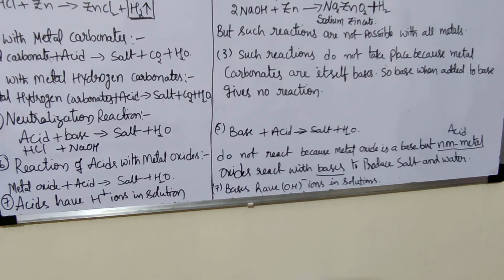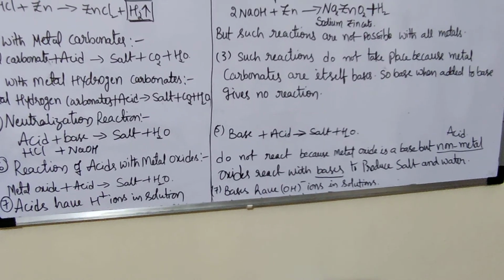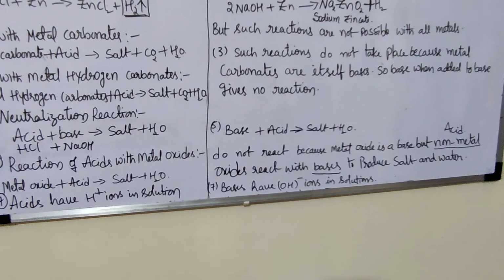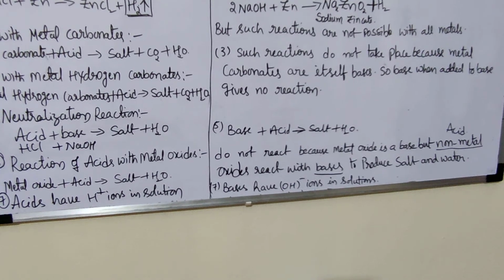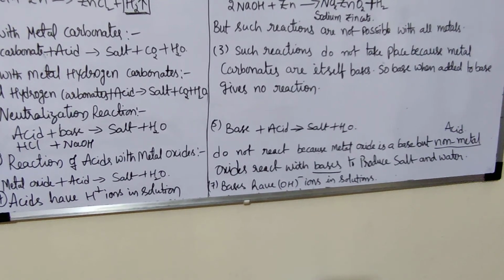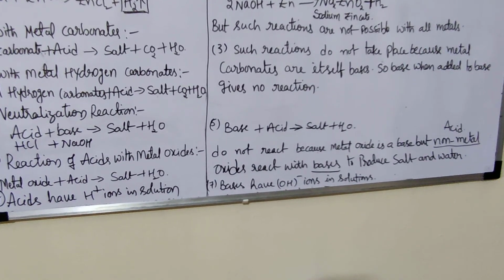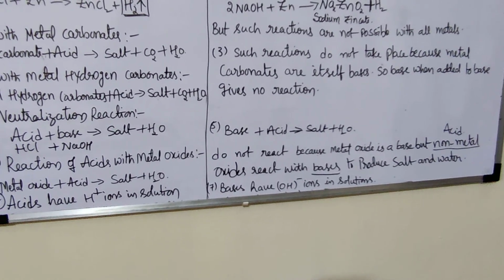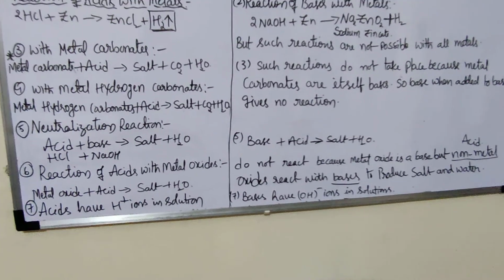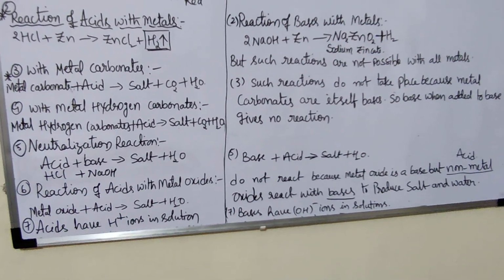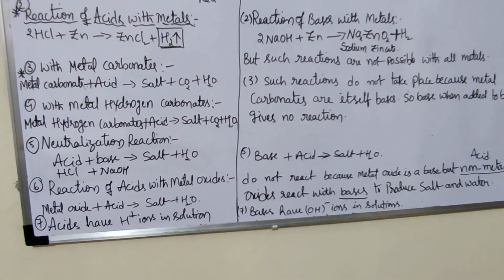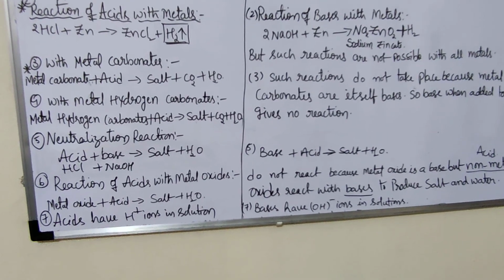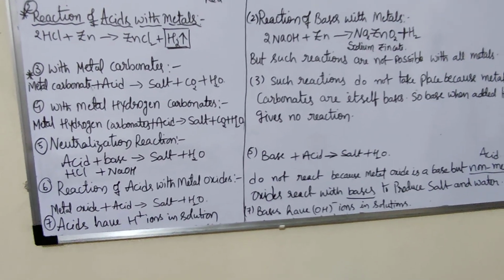So non-metal oxides have an acidic nature. One more bit: non-metal oxides have acidic nature. So these are the activity-wise differences in reactions that I wrote, with acids and bases.